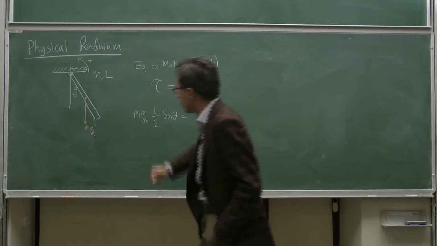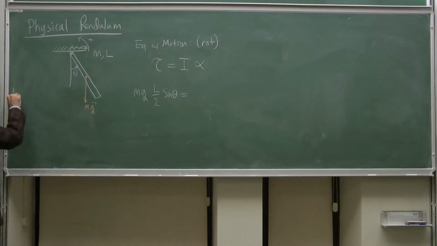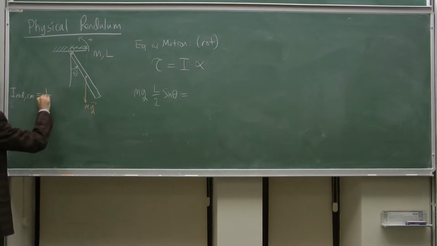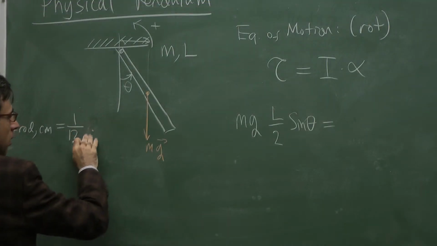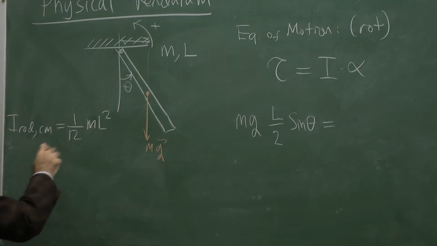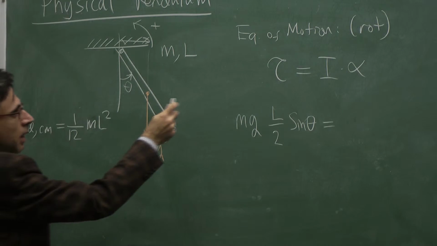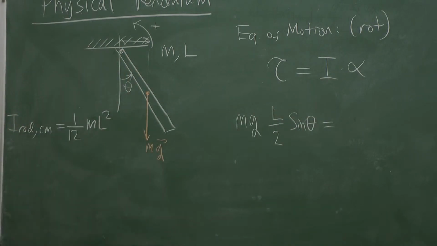Let me find I over there, then we'll continue to write the equation. I for a rod through the center of mass, which is the center of the rod, is 1/12 L squared, times m. But we need to write that moment of inertia with respect to that point.